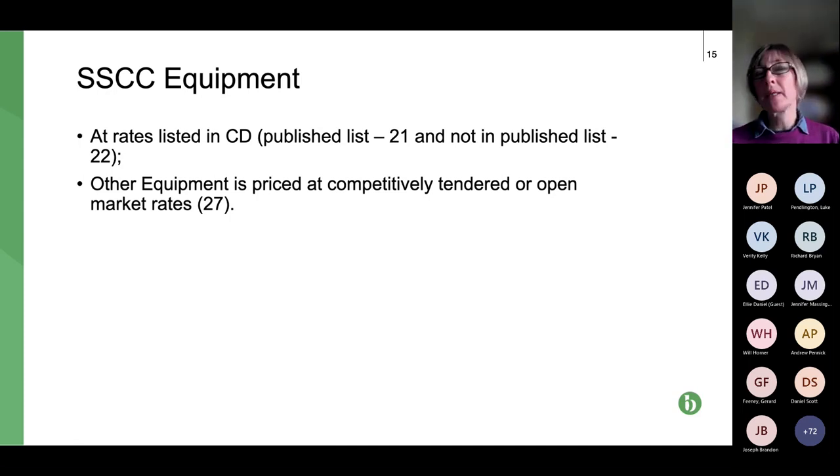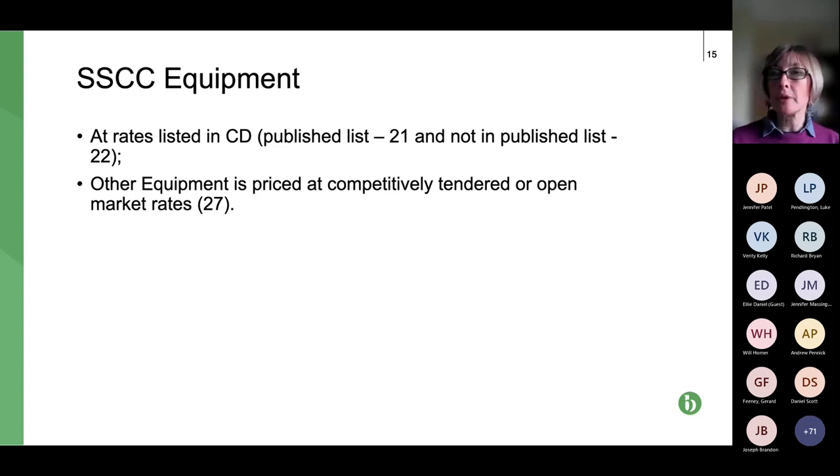So typically, for plant hire companies, you might say that the published rates apply, so that for all rates for equipment, all you do is look at the published rates and charge them. If it's not in the published list, then the second bullet point applies, and this is a cover-all.